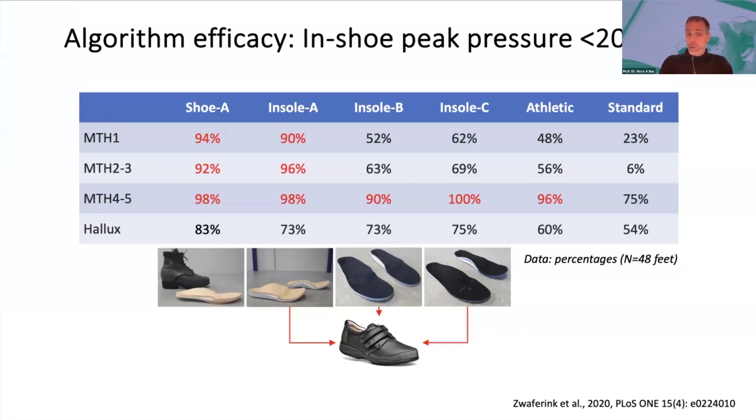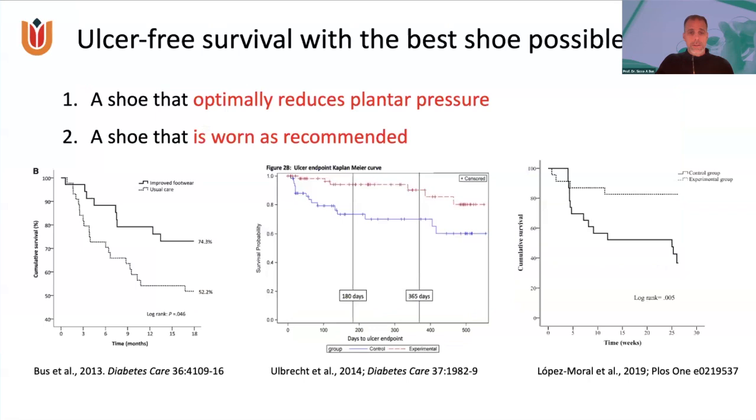So close to 100%, 90% to 98% compared to the other data-driven concepts. So we also have evidence that such a quantitative, data-driven pressure approach is effective in offloading and in providing improved and maybe close to optimized footwear.